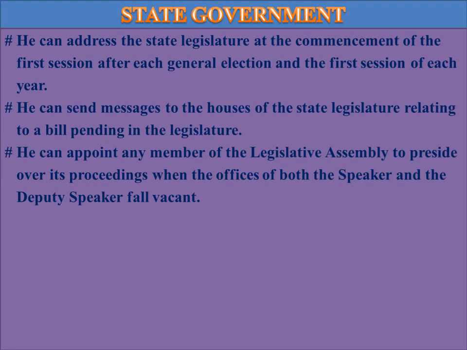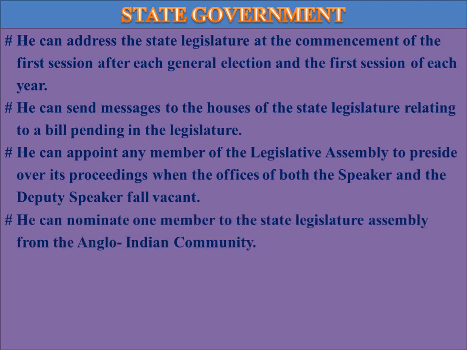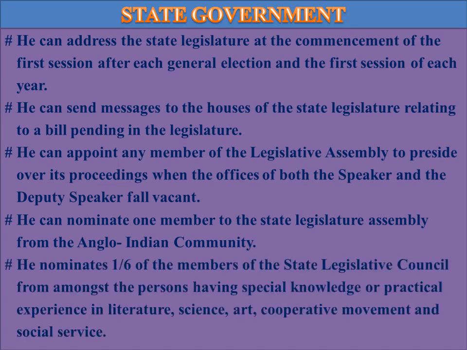The next power is he can nominate one member to the state legislative assembly from the Anglo-Indian community. The next one is he nominates one-sixth of the members of the state legislative council from among persons having special knowledge or practical experience in literature, science, arts, the cooperative movement and social services.